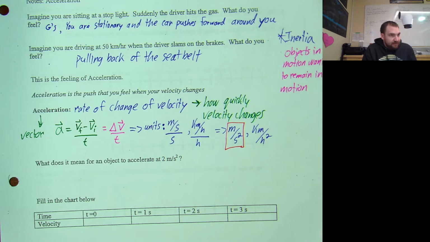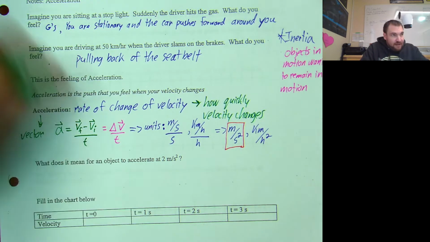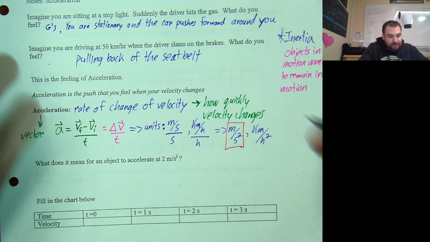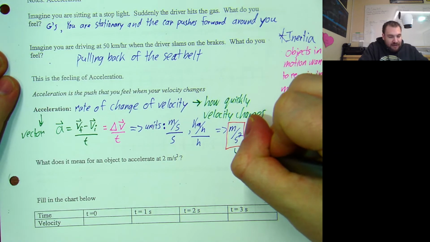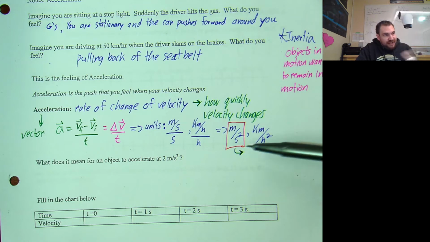So what does it mean for an object to accelerate at 2 meters per second squared? What does that mean in the physical world? Okay, so we've got a meter per second squared. I'm going to write out two different ways that people actually read this using words, and that might help us here.